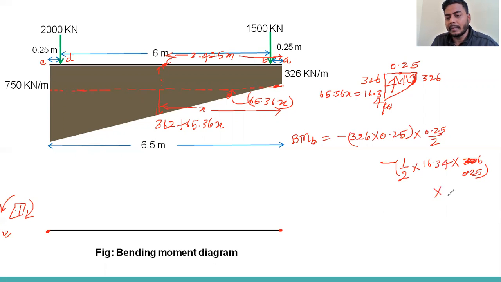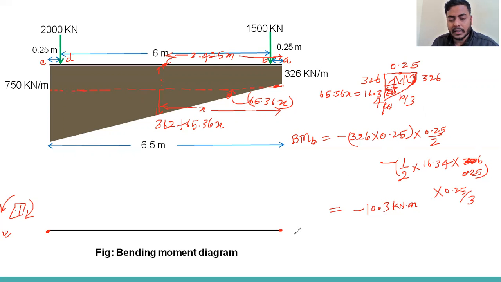Now we multiply by the center of gravity, that is h by 3, from here, right? So we write 0.25 divided by 3. So we can calculate and we get minus 10.36 kilonewton meter.